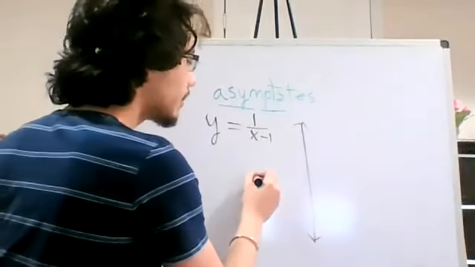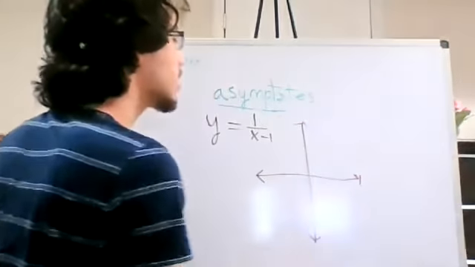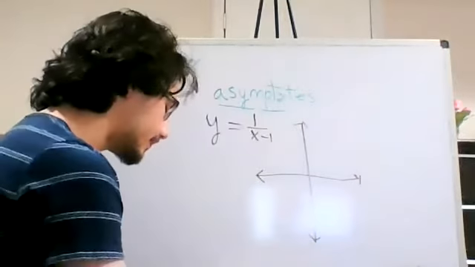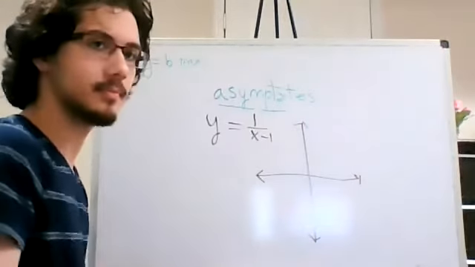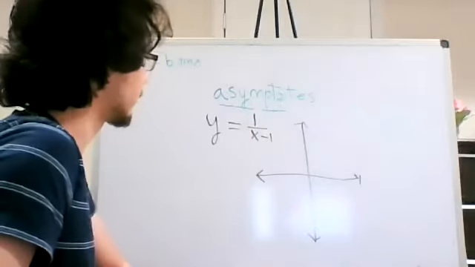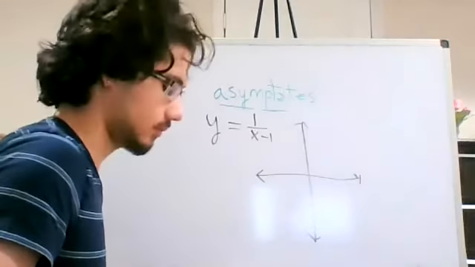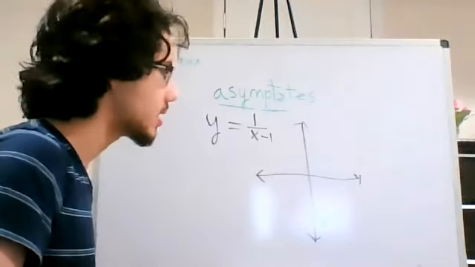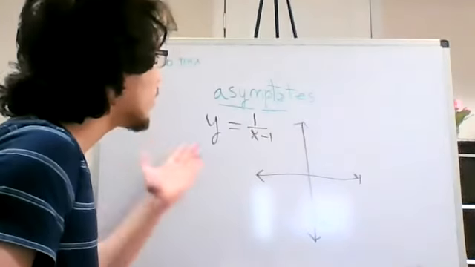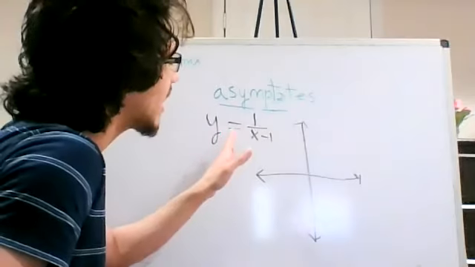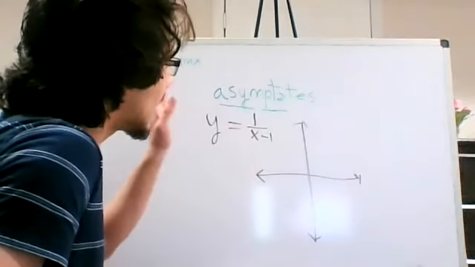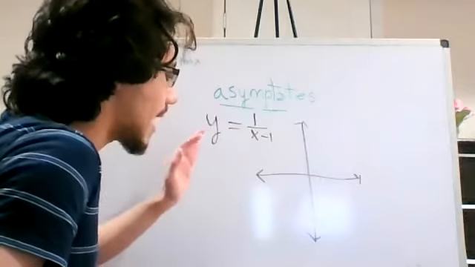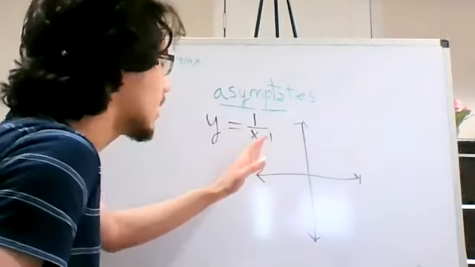So ignoring how we would draw the function, let's try and just figure out what the asymptote would be. So how could we determine where the asymptote is? We would have to see this function and we would have to understand what rules in math could be broken here.